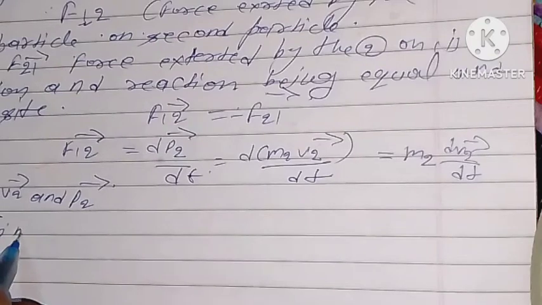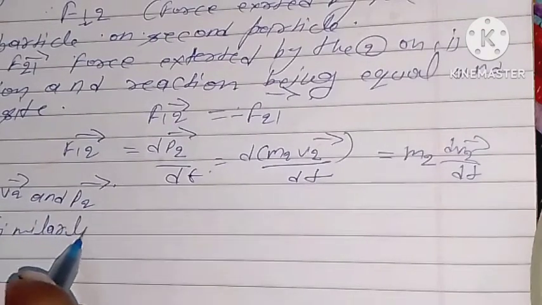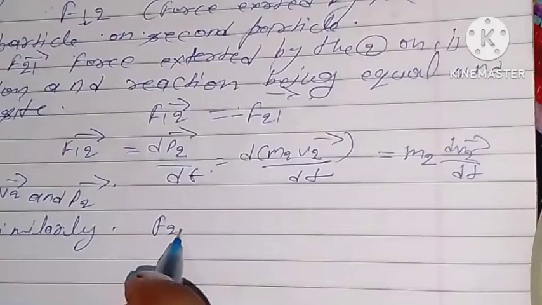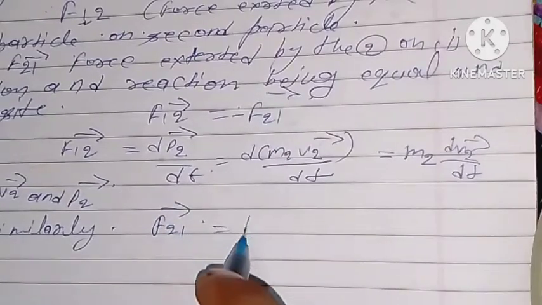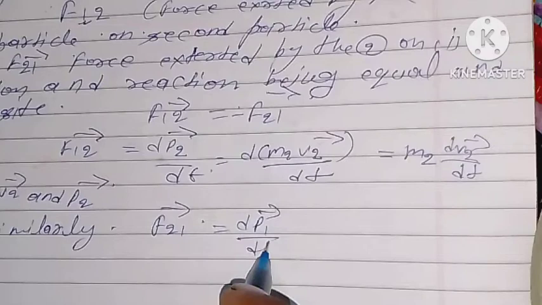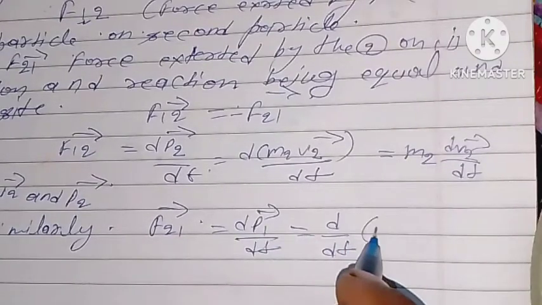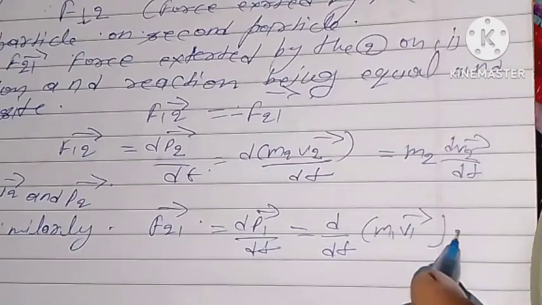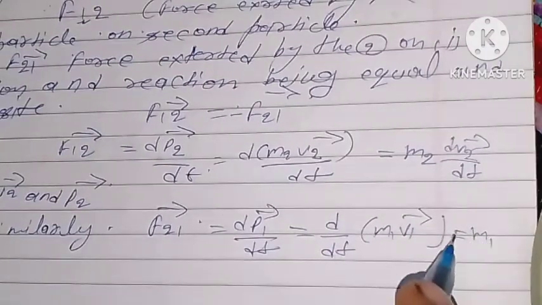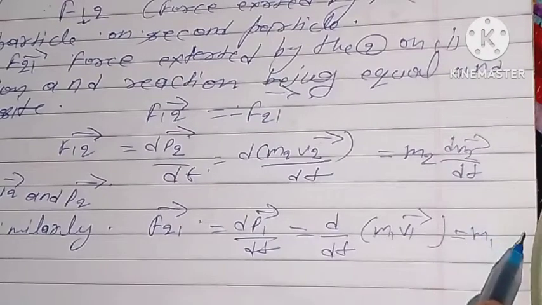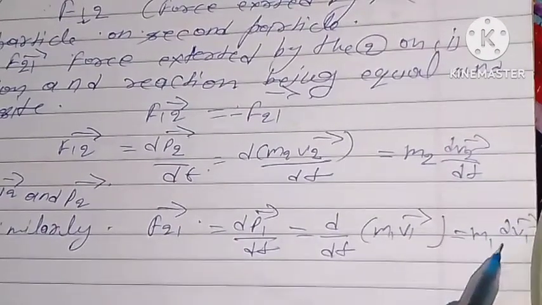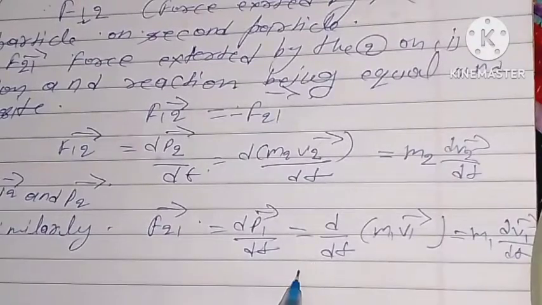Similarly, F21 equals dp1 upon dt equals d upon dt of m1 v1, equals m1 dv1 upon dt, where m1, v1 and p1 are the mass, velocity and momentum of the first particle.